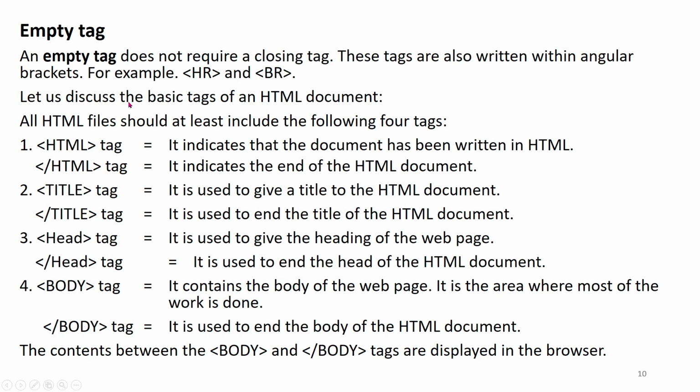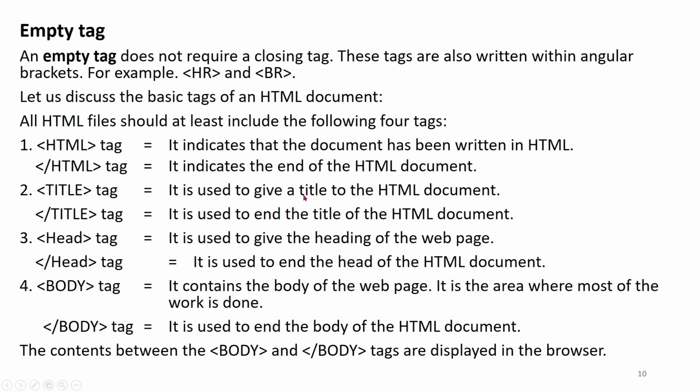Let us learn the basic tags of an HTML document. These are the 4 basic tags which are used in every HTML document. The HTML tag indicates that the document has been written in HTML, and slash HTML tag indicates the end of the HTML document.